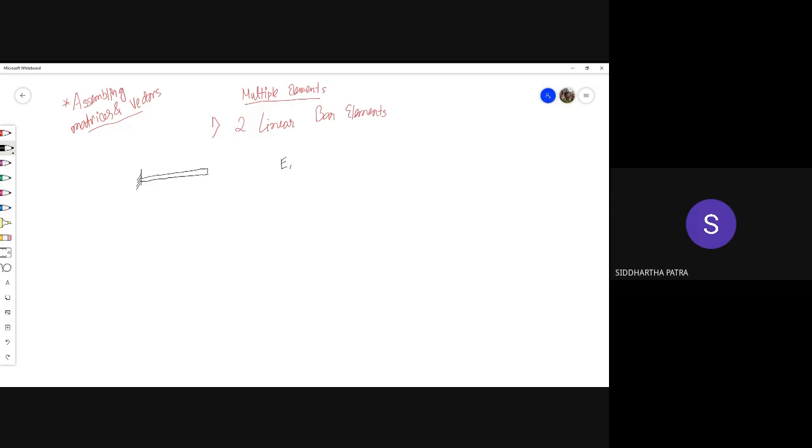Homogeneity, not that we cannot solve the problem without this, but for the sake of simplicity, homogeneity, uniformity, and the length being quite larger than the dimension of the cross section.